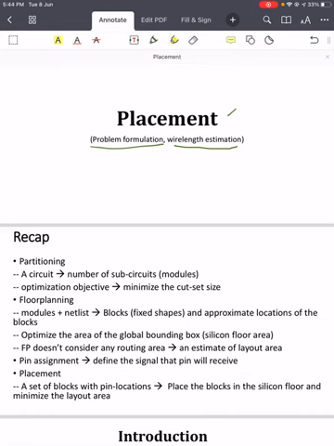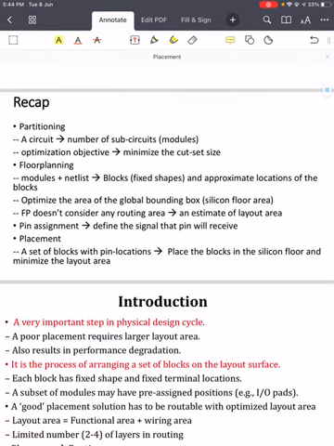Okay. Now, before going into the details of placement, let me quickly recapitulate what we have already discussed in the class. First we discussed partitioning, where we have a large circuit, and using partitioning we can decompose it into a number of sub-circuits of manageable size, which we call modules.